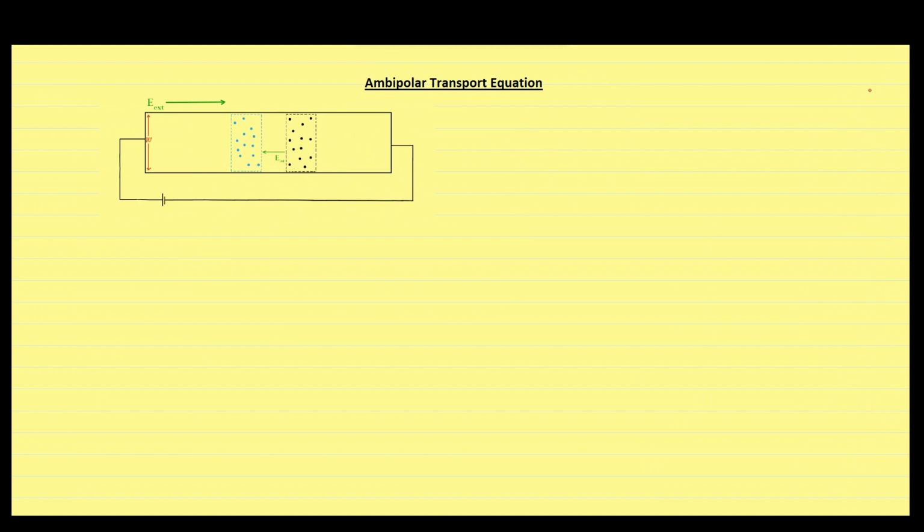So, from whatever we have studied till now, we can conclude that the strength of the internal electric field is very small compared to the external electric field, and the electric field which we use in equations like the continuity equation and Poisson equation is actually the vector sum of the internal electric field and the external electric field.